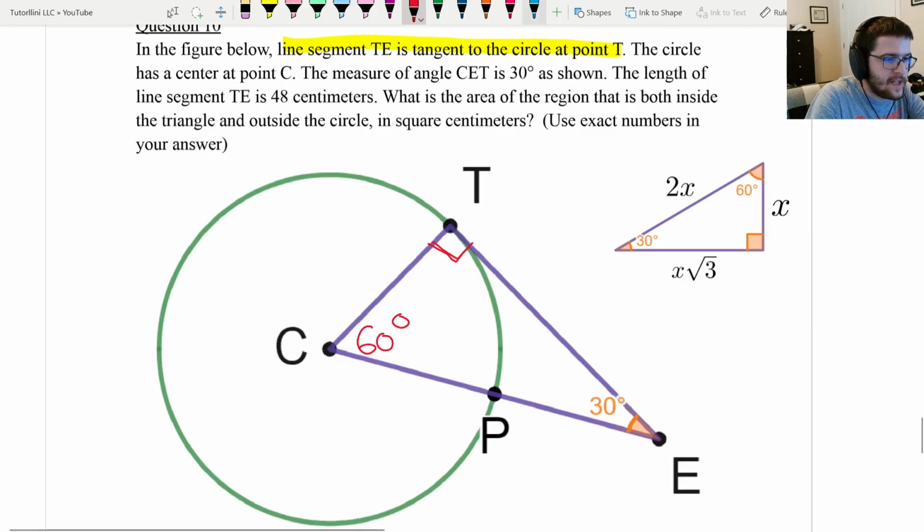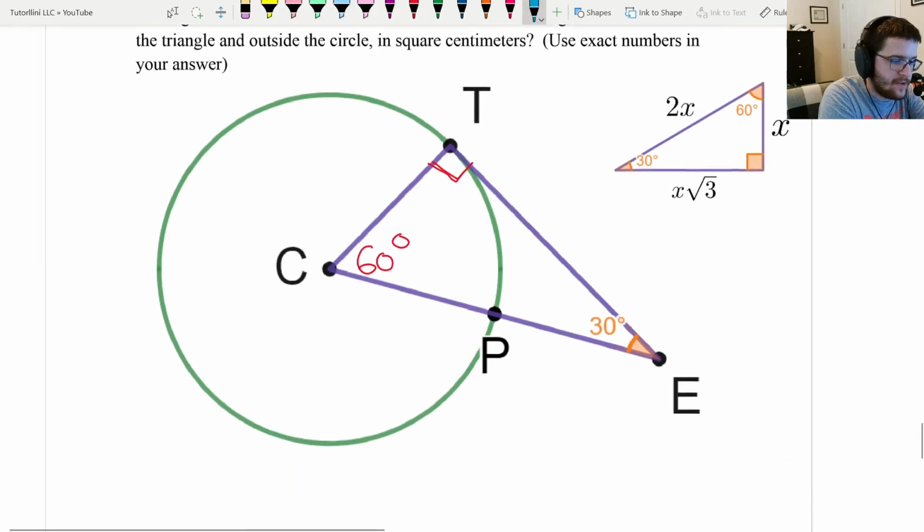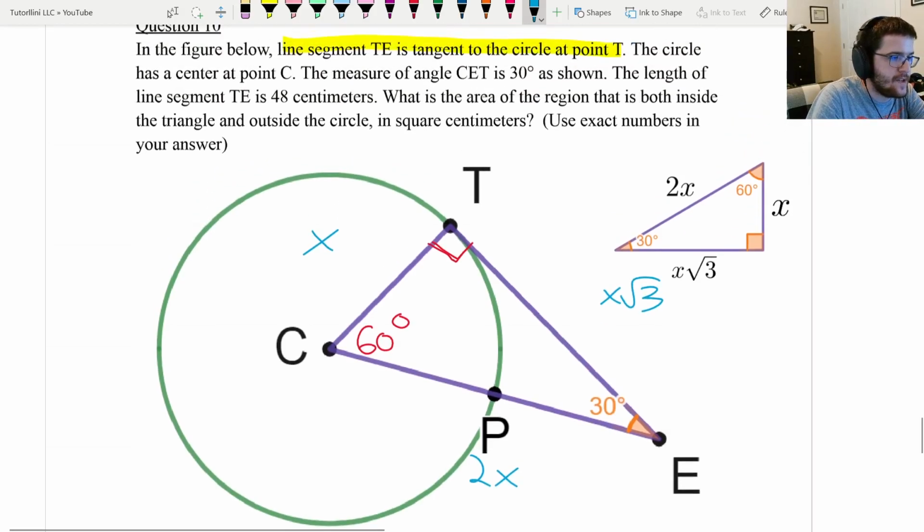And we can once again get everything labeled. So the hypotenuse is 2x, across from 30 is x, and across from 60 is x root 3. And they tell us another bit of important information, that line segment TE is 48 centimeters. So let's put that. This is 48.